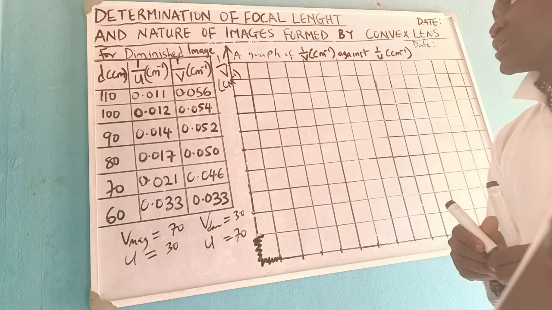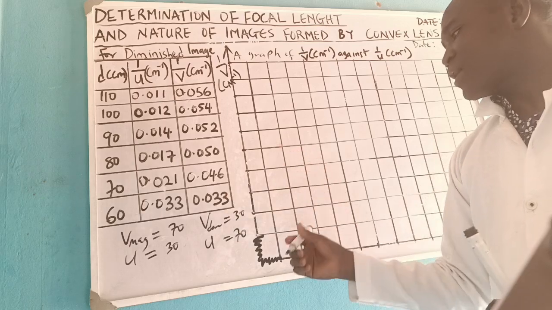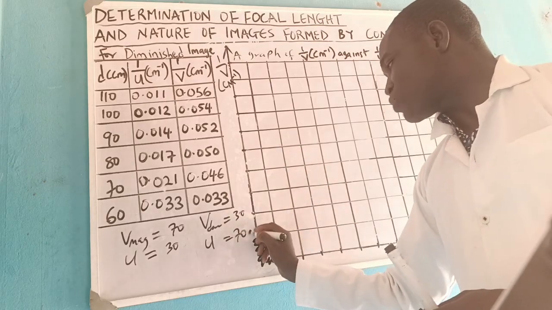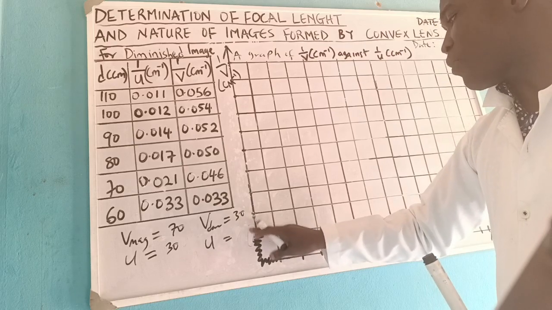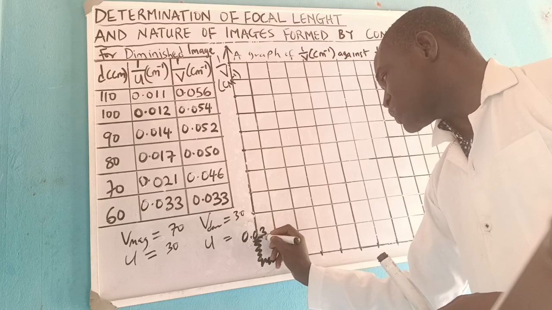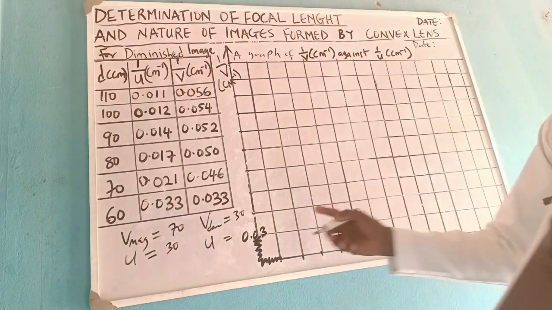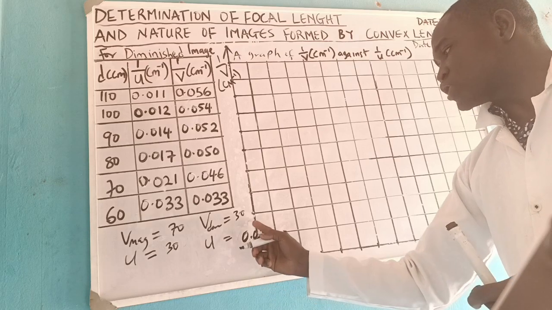Then the next thing is, for this 1 over V, the least is 0.03. Let me start with 0.03 here. That means from the origin to 0.03.